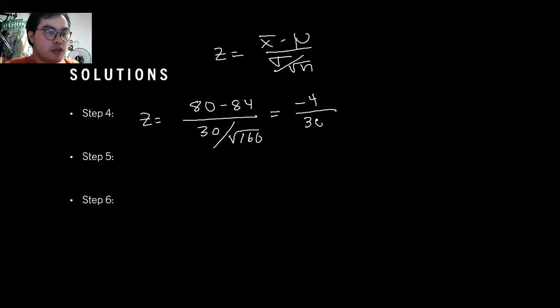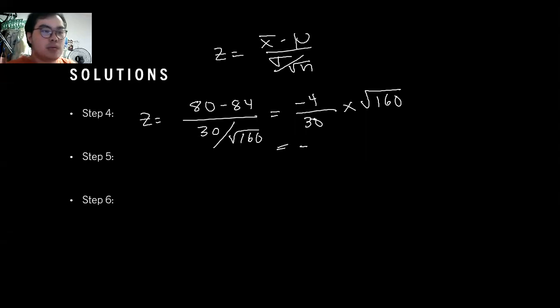Then over 30, then we're going to multiply it with the square root of 160. Okay, so now, what we are going to do is divide negative 4 by 30.